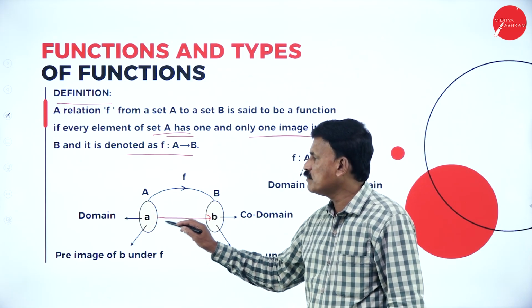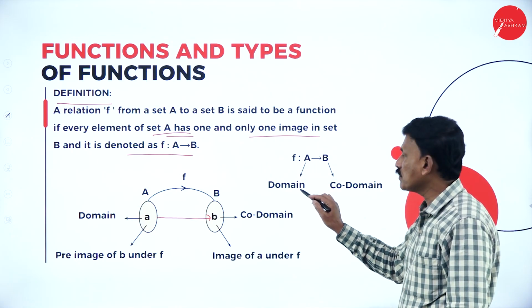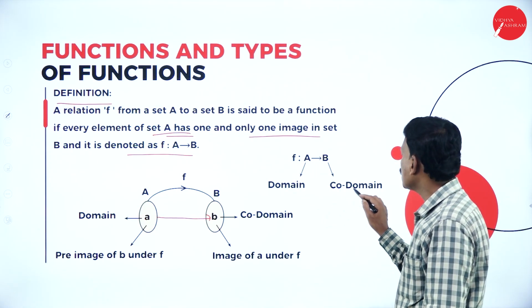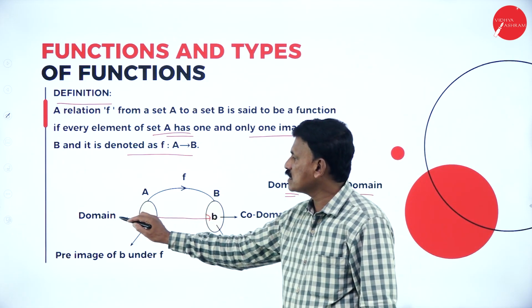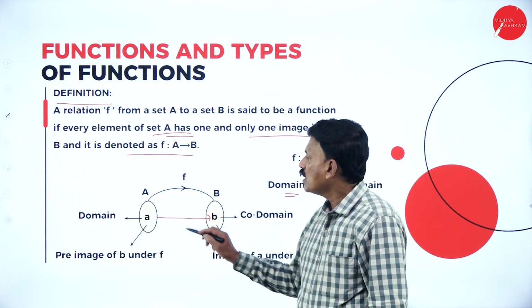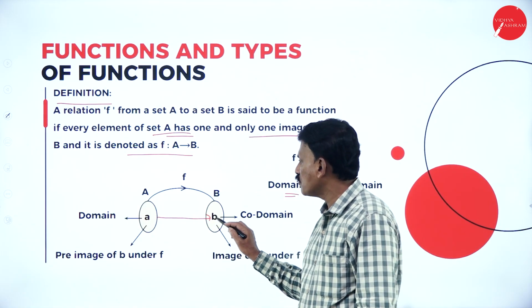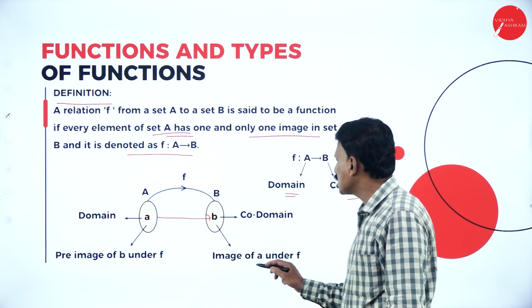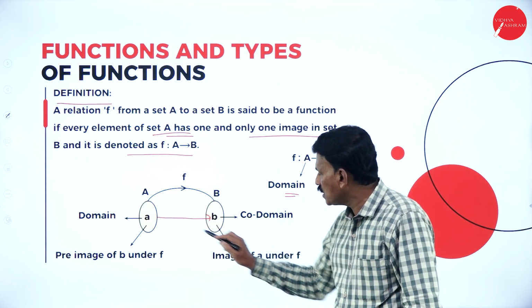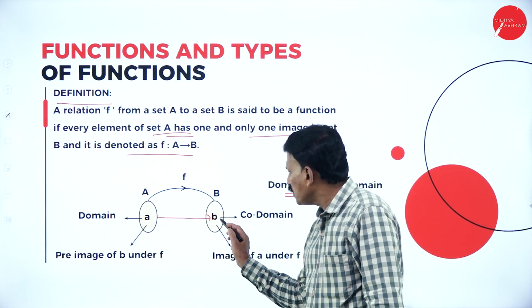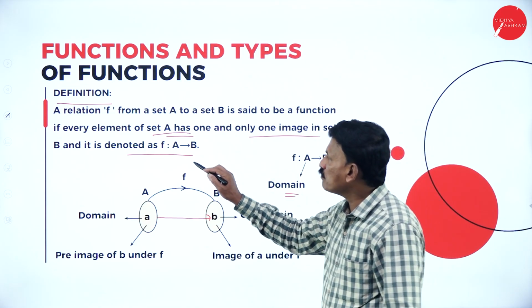If F from A to B is a function, the set of all first elements of the function is called the domain, and the set of all second elements of the function is called the codomain. A is the pre-image of B under F, whereas B is called the image of A under F. So, a function is nothing but a mapping.